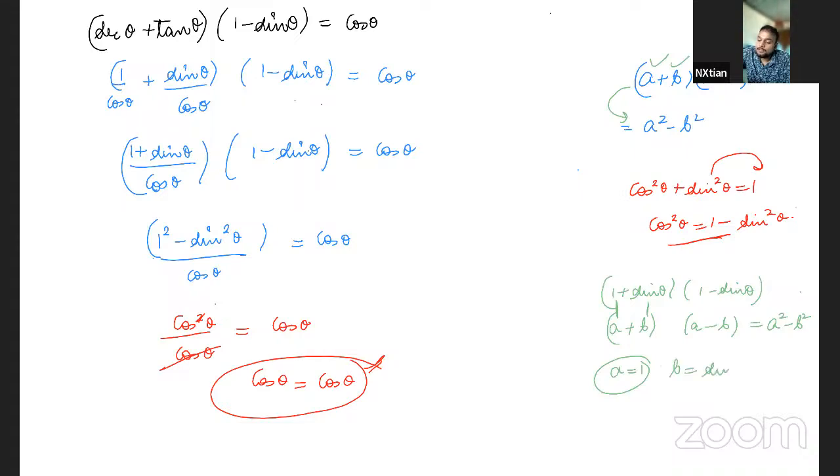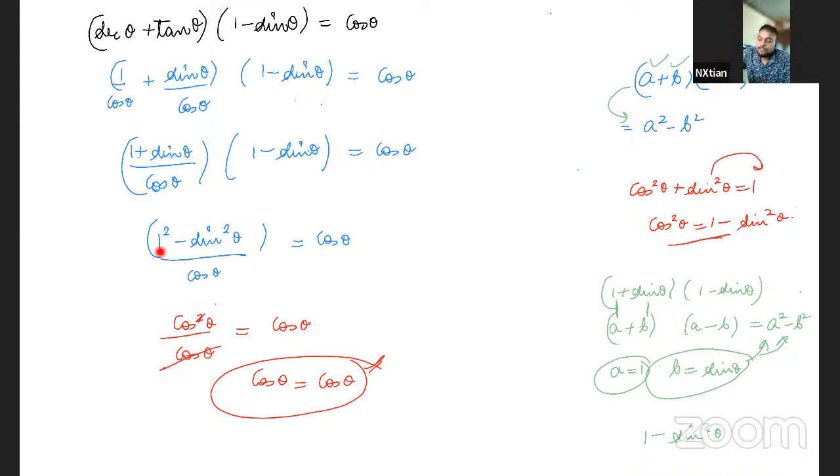Now I have to write it in this form, so it will become 1 minus sine square theta. When you multiply 1 plus sine theta with 1 minus sine theta, it becomes 1 square minus sine square theta. Understood, guys? Yes, sir. Okay.